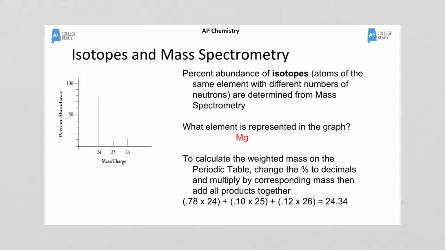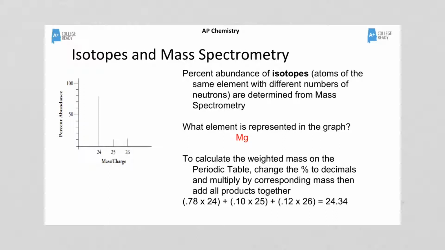Isotopes are a topic you might remember from your first year chemistry class. Atoms of the same element with different numbers of neutrons, so the neutrons are what gives them the different masses in the compound. As you look at this graph, you can see that this element has the highest percent of abundance of an atom with a mass of 24, and then 25 and 26 have similar percentages.